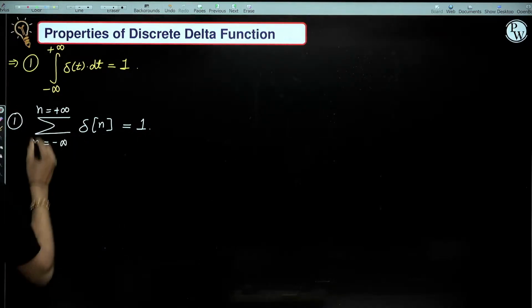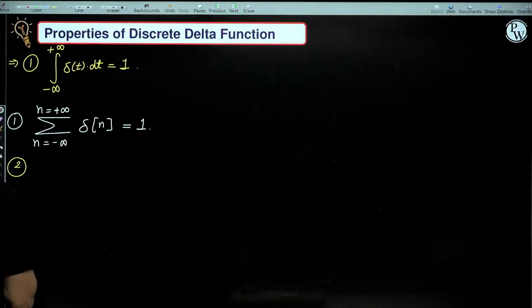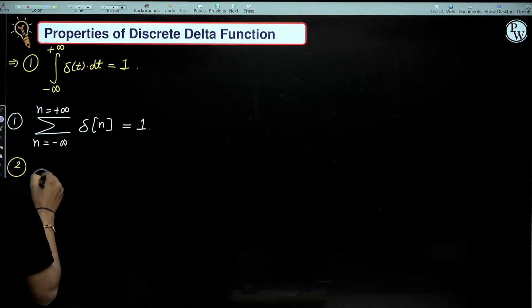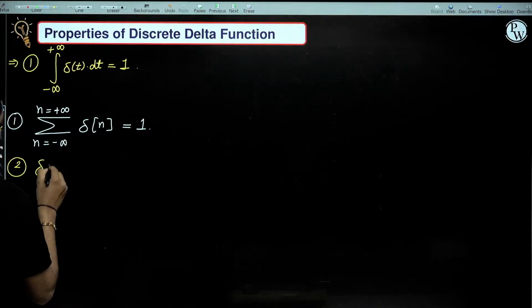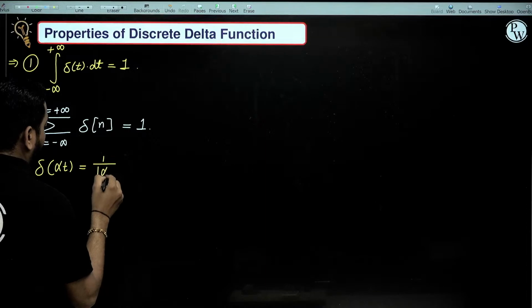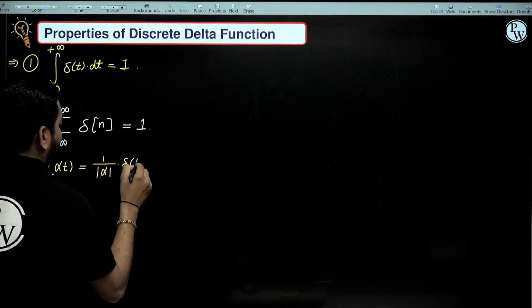Now the second, the scaling property for the continuous impulse function. Here del of alpha t is equal to 1 upon mod alpha into del t, guys. Correct?